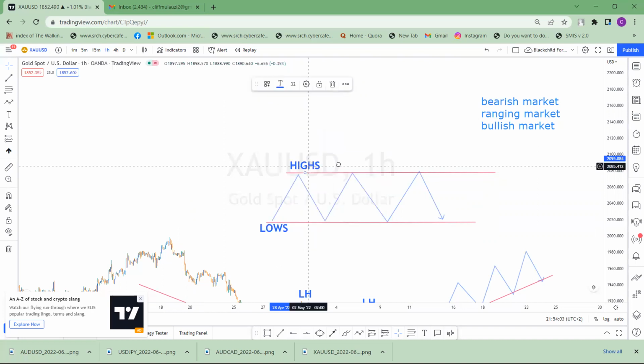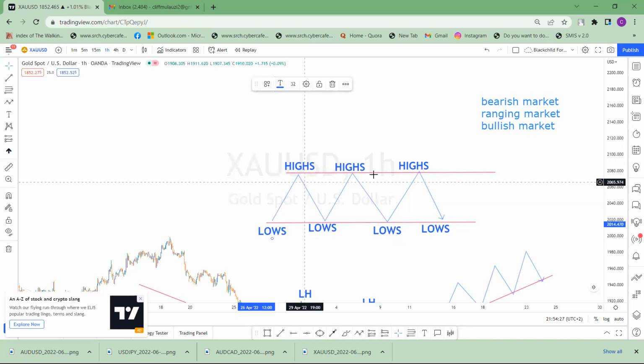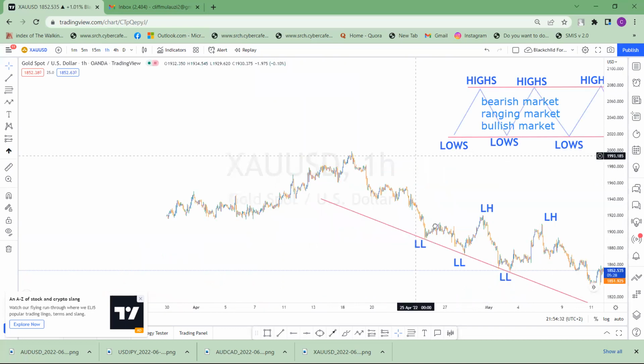We are going to have lows, highs, highs and lows, and lows. So we just have highs and lows, highs and lows, highs and lows. Why? Because the market is not pushing up, it's not pushing down.